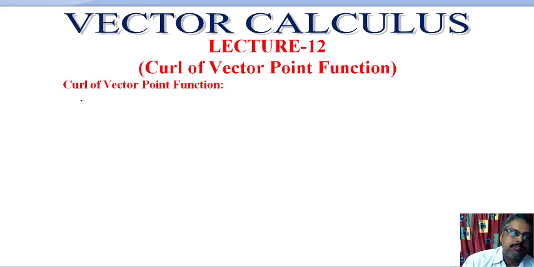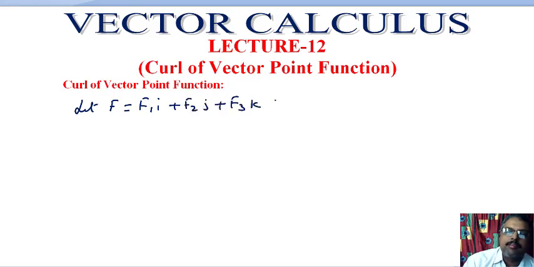Now, definition. Let f equals f1i plus f2j plus f3k be a vector point function.